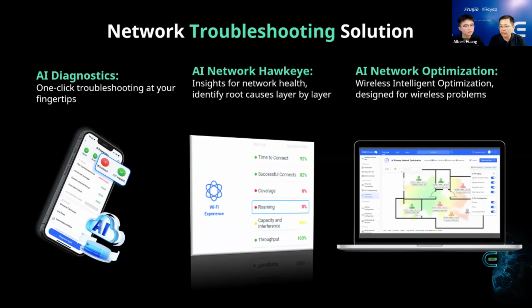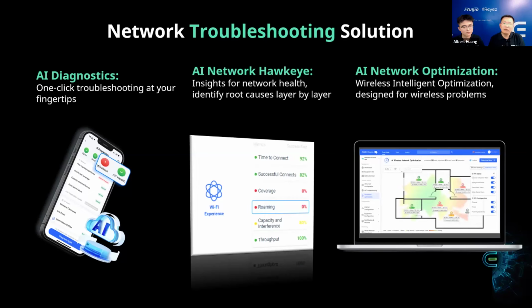we launched AI network Hawkeye, and all the network health became visible for our professional engineers. They can get much more data from the AI network Hawkeye to help them do the troubleshooting.